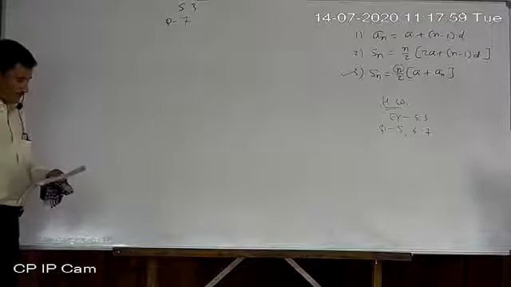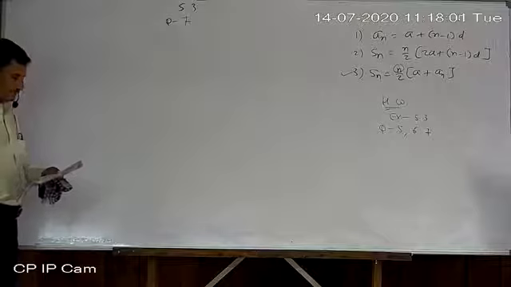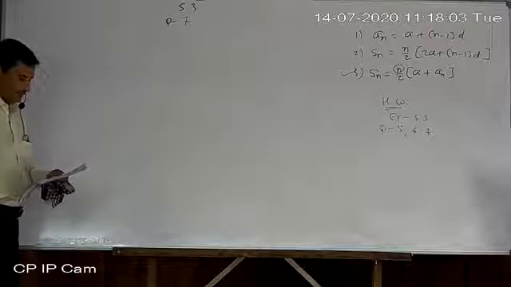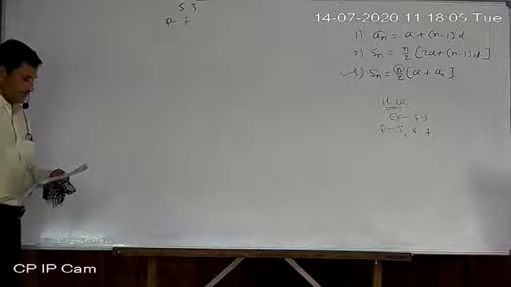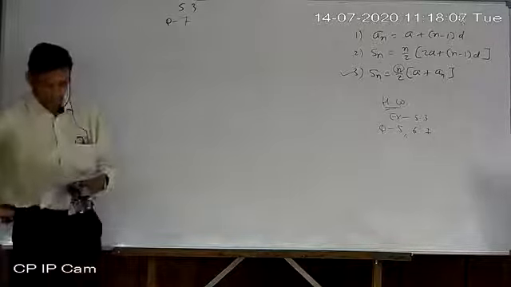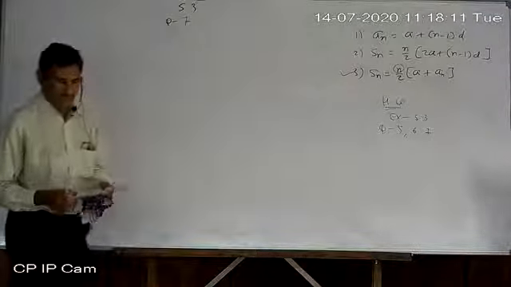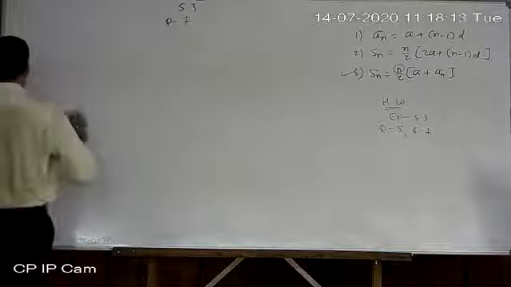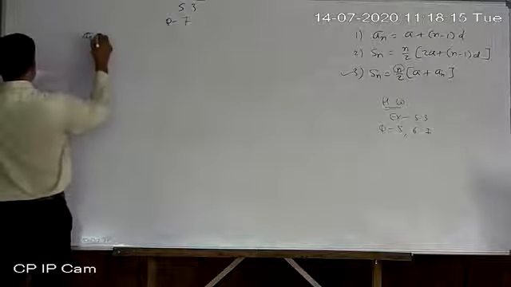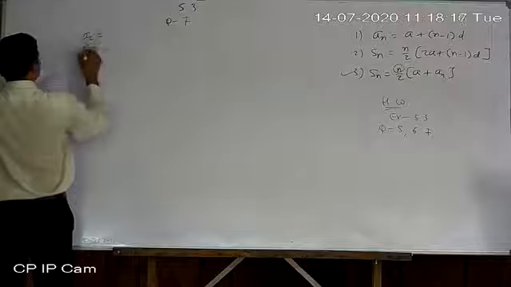Now number 8. Find the sum of first 51 terms of an AP whose second and third terms are given. So A2 is given and A3 is given.